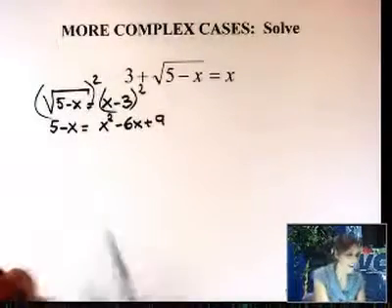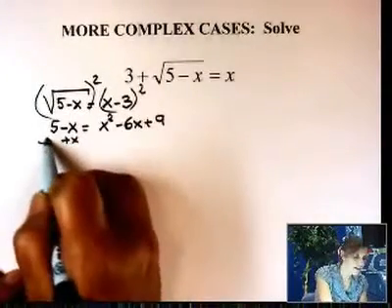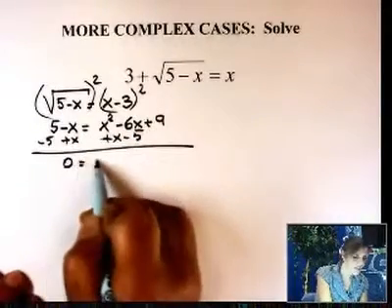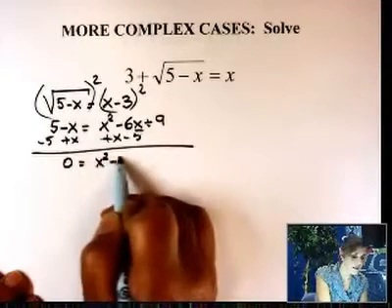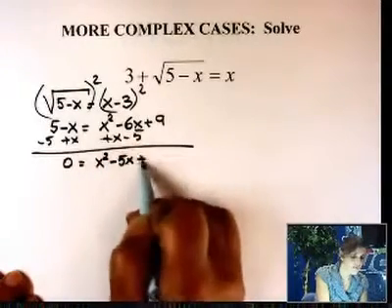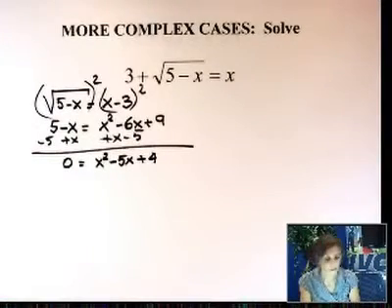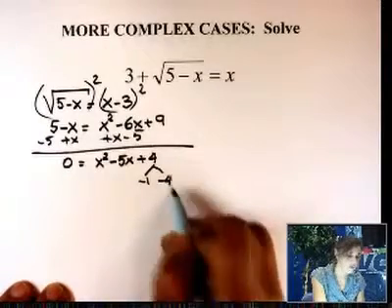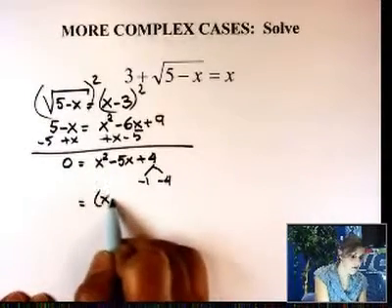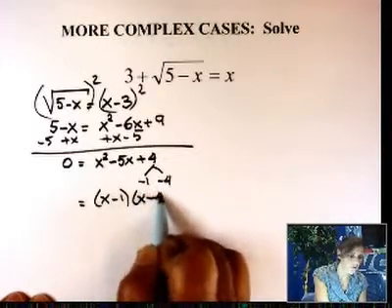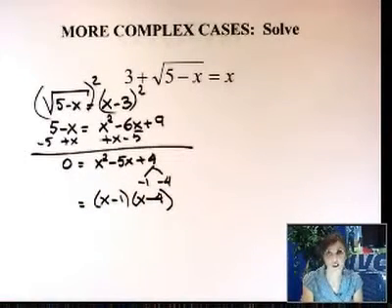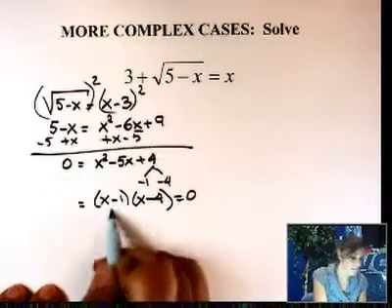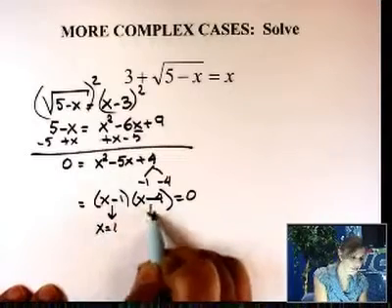I move everything to the right. Plus x minus 5, plus x minus 5. That will give me 0 here. x squared plus x is negative 5x, minus 5, that's 4. Can I solve that? Looks like it. This is a product-sum method. Here we go, negative 1, negative 4. So that gives me x minus 1, x minus 4. If you don't know how to factor fast, go and watch my video about factoring. And that equals 0. That means x equals 1, x equals 4.